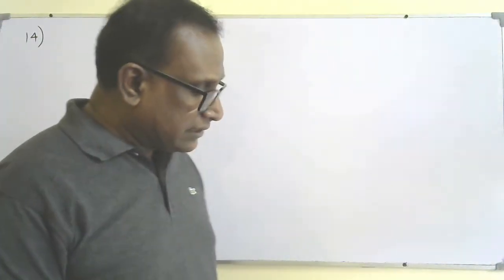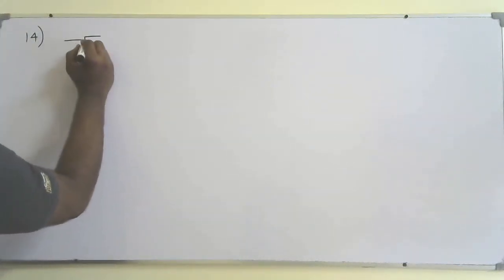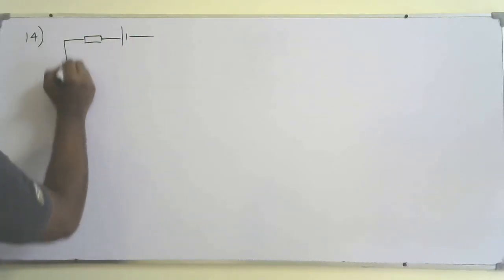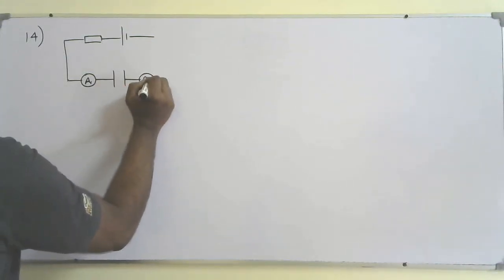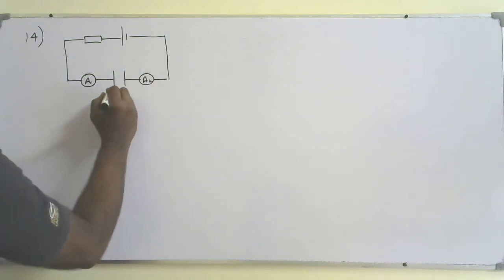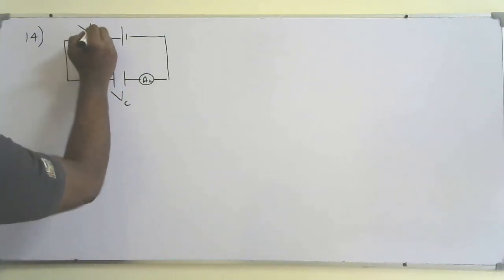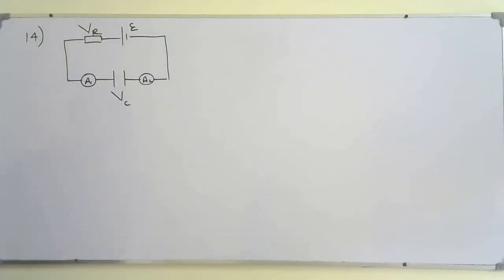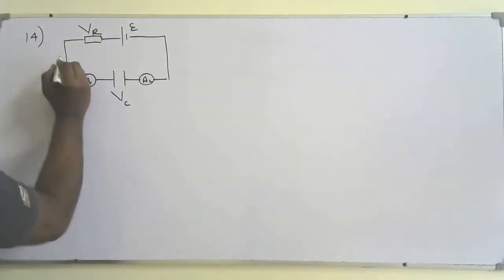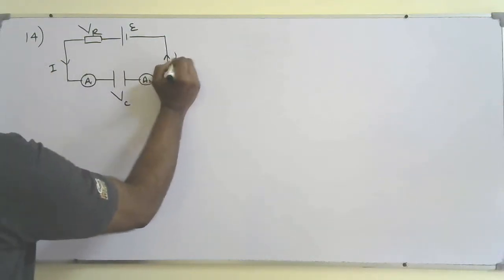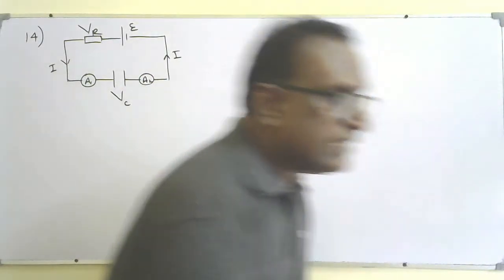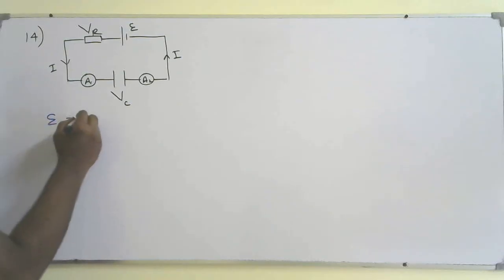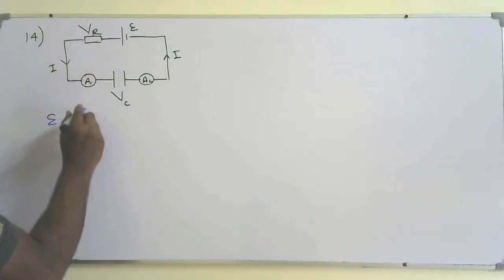Since the resistor and capacitor are connected in series, at any instant, and ammeters have no resistance, if I say the voltage across the capacitor is VC, across the resistor VR, the EMF of the battery is epsilon, and the current at an instant is I, then according to Kirchhoff's second law we can write: EMF equals VR plus VC.